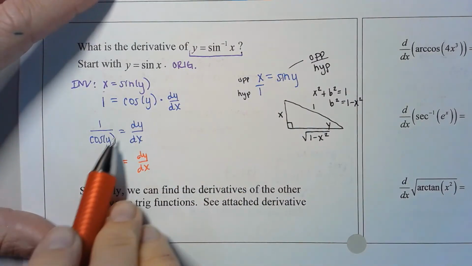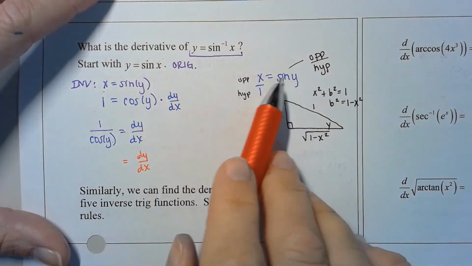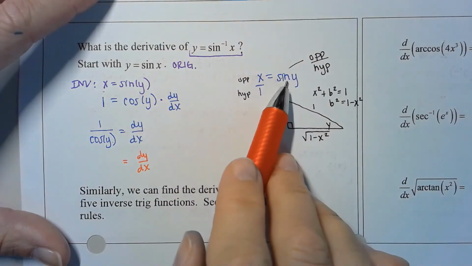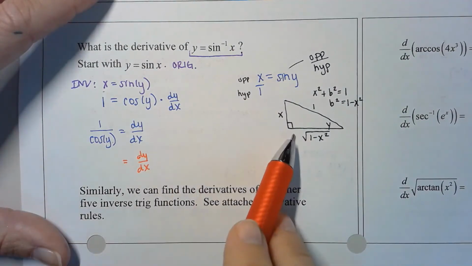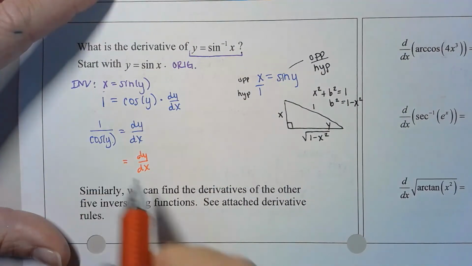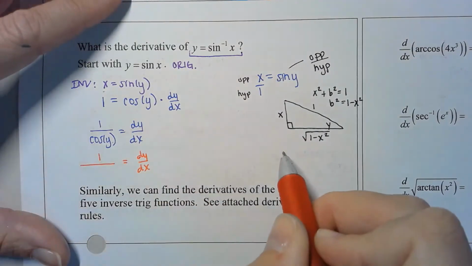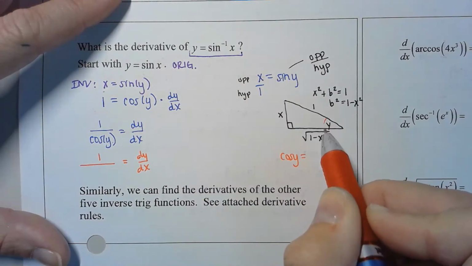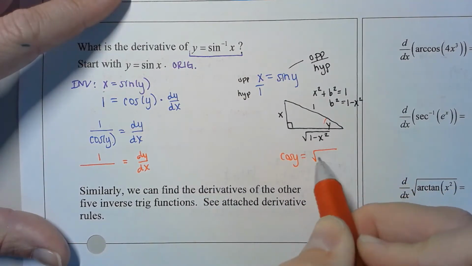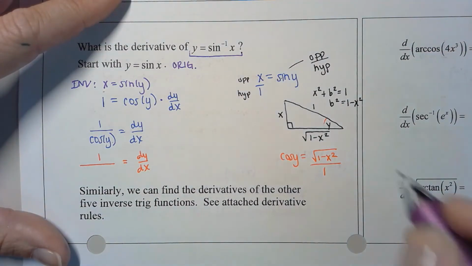Our derivative was in terms of y. I didn't like that. So I started saying, well, what's the relationship between x and y? And that used trig, so I drew a triangle. So I was able to find missing sides. So now I can say my derivative is 1 over the cosine of y. And look at my triangle. The cosine is the adjacent over the hypotenuse.